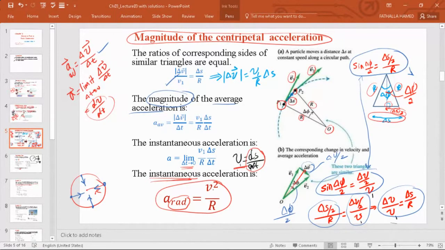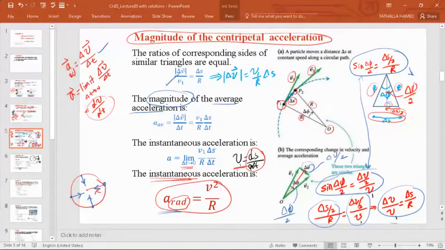And it has a magnitude equal to V squared over R, and that's why we called it a rad, or radial, which is pointing toward the center. The other word that we use for it is centripetal acceleration. So you may hear radial acceleration, you may hear centripetal acceleration.